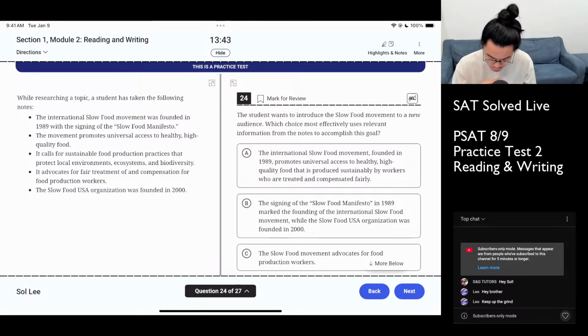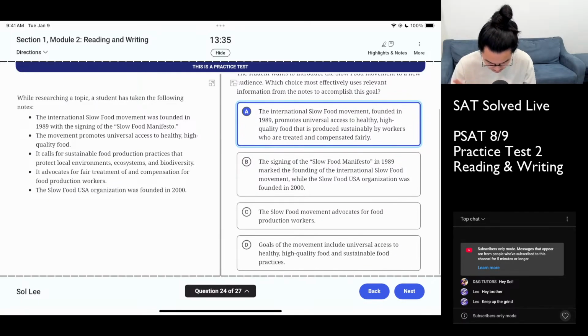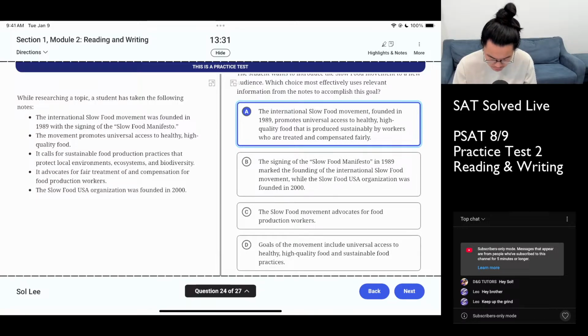Introduce it to a new audience. The movement is founded in 1989. Promotes 1 thing, 2 things, 3 things. There we go. It has to be B. A, I'm just double checking. The signing is off focus. Movement, it's not a very good introduction for C, and D. Yeah.